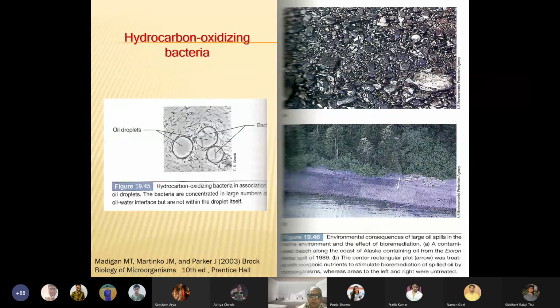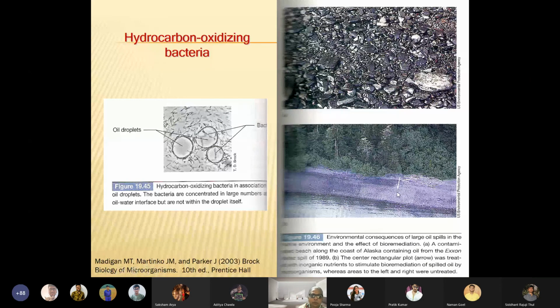So what was missing here in nature is the nutrient supply. So this white patch was sprayed in this particular example with a mixture of inorganic nutrients. Oil is high in carbon. That's sufficient. But the other inorganic nutrients is what was done over here.